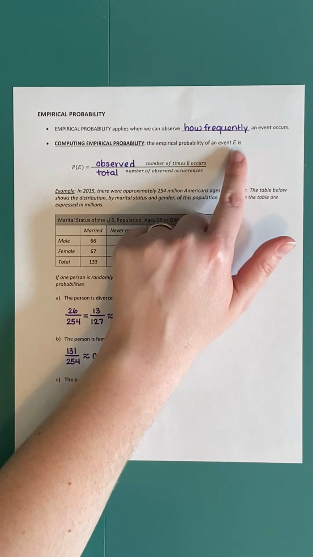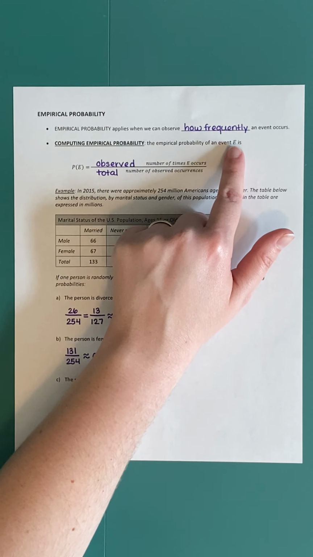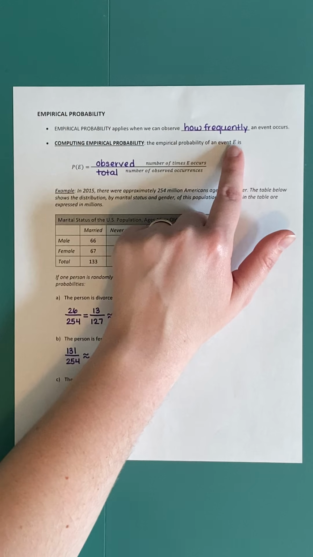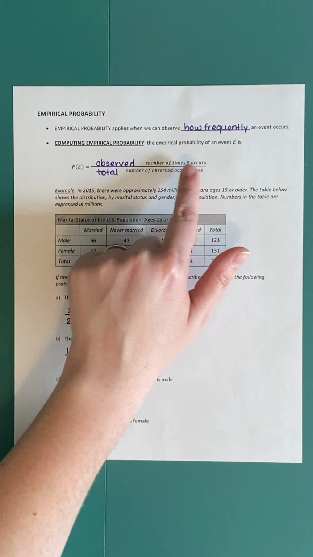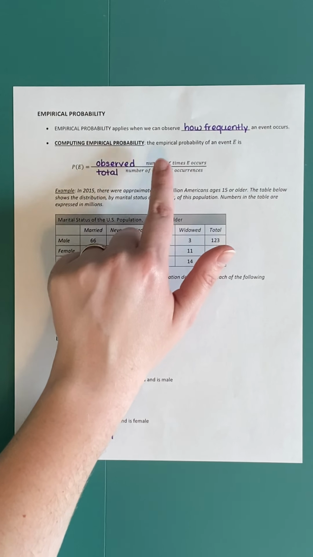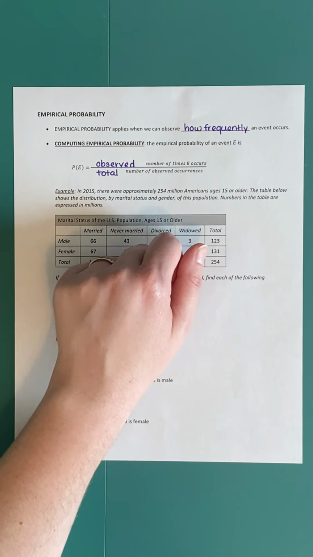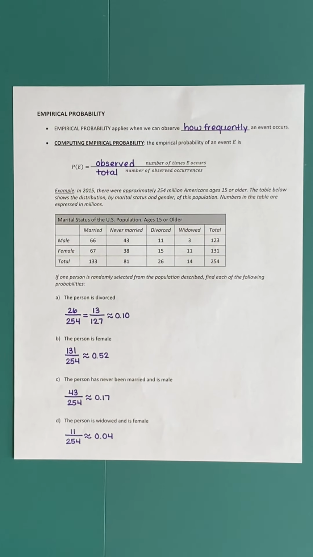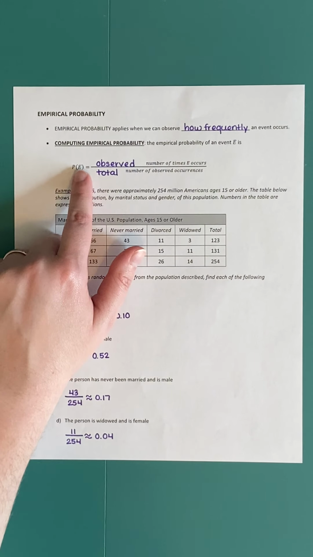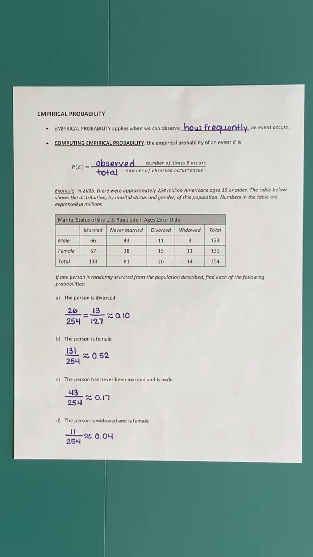Well, we're interested in a specific event. In other words, a specific outcome or combination of outcomes that could have occurred based on this particular experiment. So the numerator in this case is going to be the observed number of times E occurs. In other words, if we look at the data from all the times we ran this particular experiment and recorded the data from the trials, the numerator is going to be the number of times we got the particular outcome associated with this particular event.